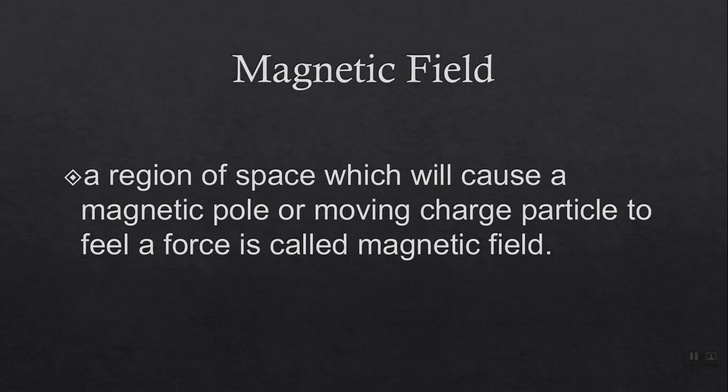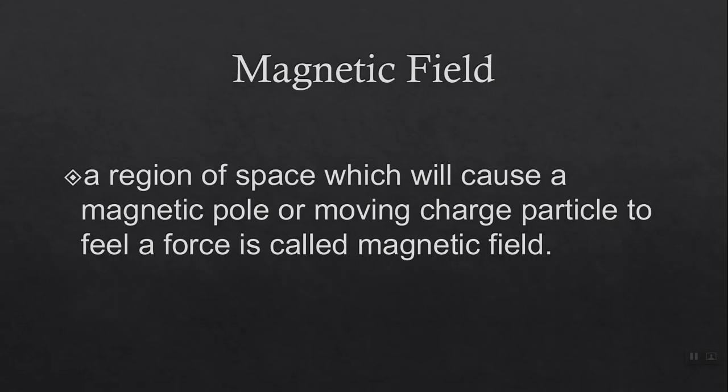Right, to start with, we will first of all see what a magnetic field is. When defining a magnetic field at advanced level, we use the following terms. It's a region of space which will cause a magnetic pole or moving charged particle to feel a force.